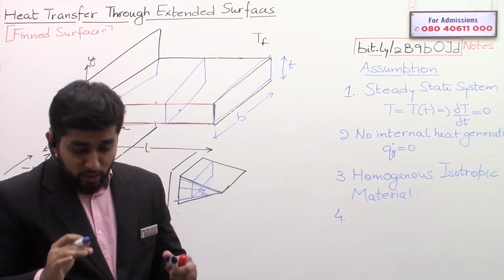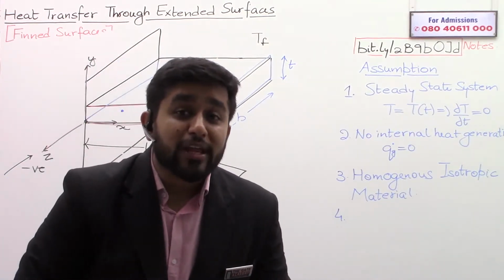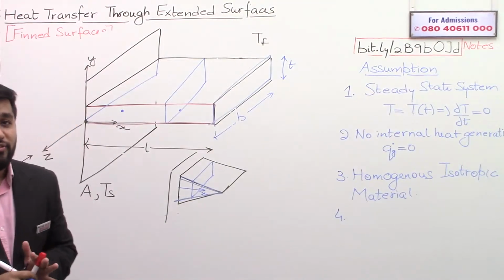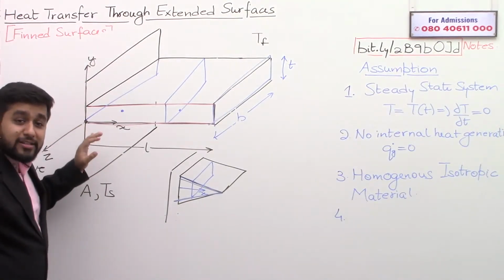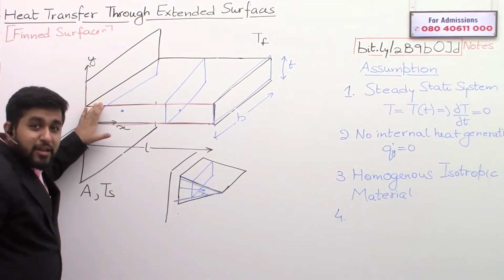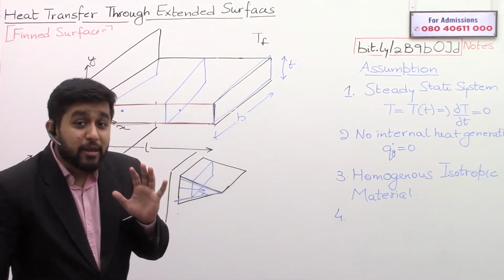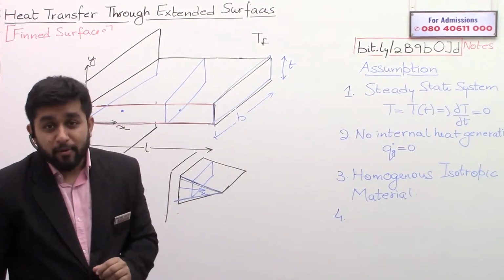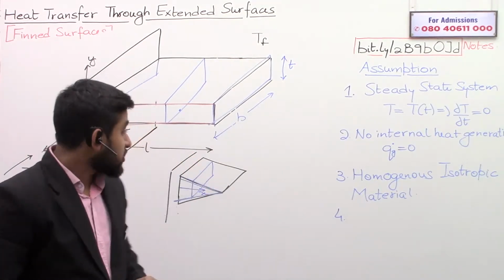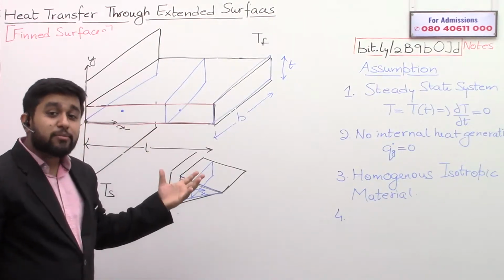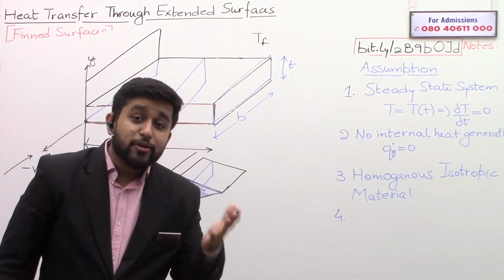In our analysis, we are going to take a rectangular profile. Rectangular profile means that the cross section at the base is the same as the cross section at the tip. However, that cross section can be circular, rectangular, or triangular also.